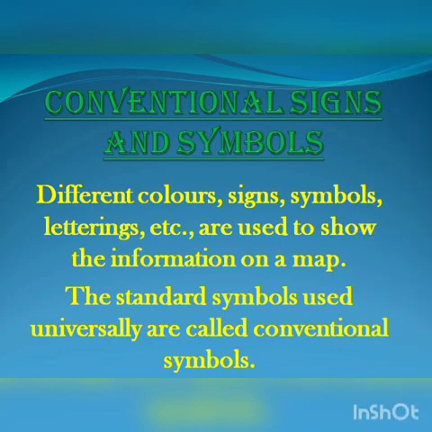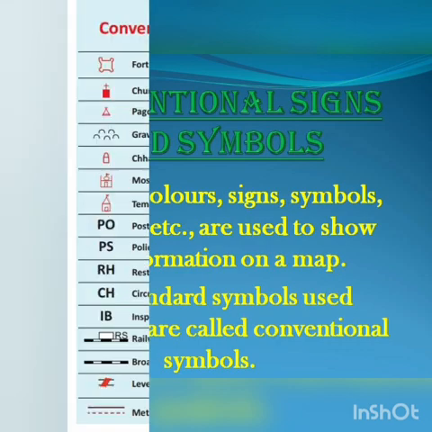Now, the next component is the conventional signs and symbols. Since it is very difficult to locate or to draw everything on the map because the space on the map is very limited, we use different colors, signs, symbols, letterings, etc. to show the information on a map. These standard symbols or signs are universally called conventional symbols or signs.